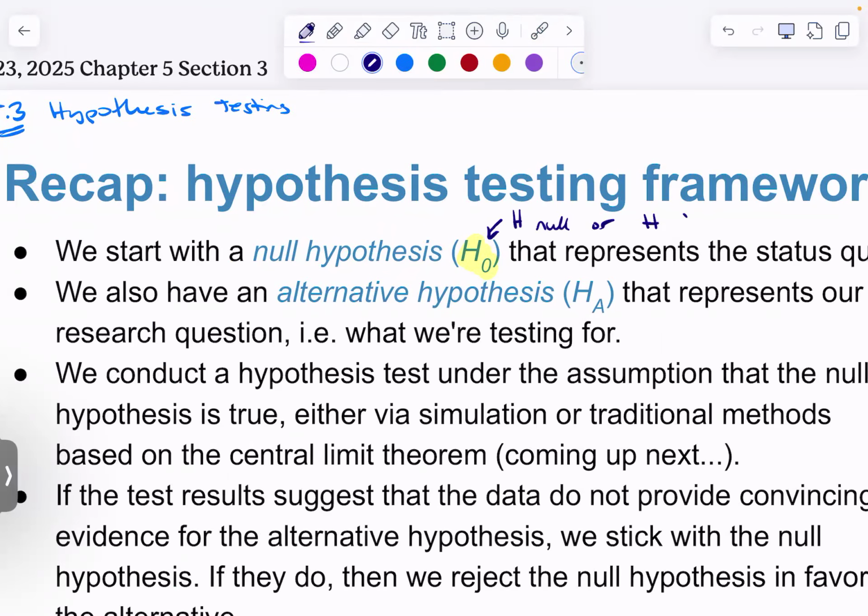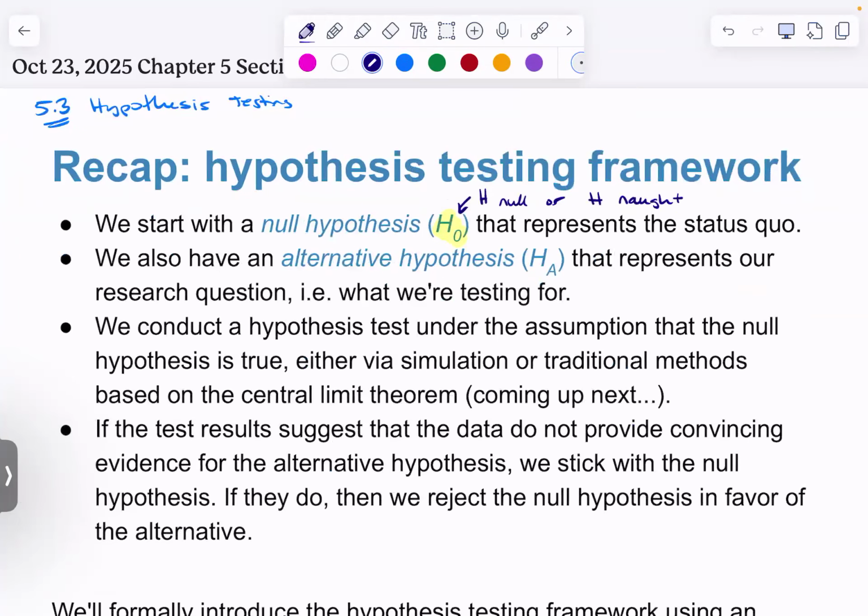I'll write the A so it looks like an O. And it just means 0. Null, naught, 0, they all mean the same thing.